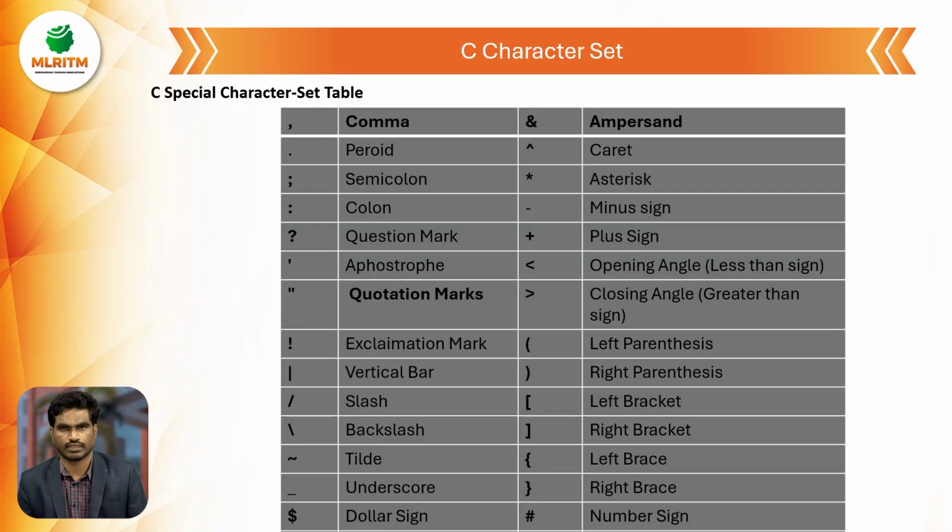The special characters are comma, semicolon, double quotes, apostrophe, question mark, exclamation mark, vertical bar, slash, forward slash, backward slash, tilde, underscore, ampersand, caret, hyphen, plus, less than, greater than, minus, open parenthesis, close parenthesis, open brace, close brace, right bracket, left bracket, and number sign.